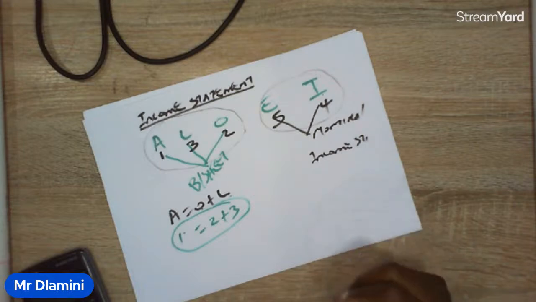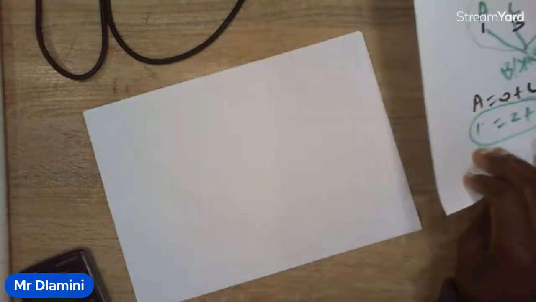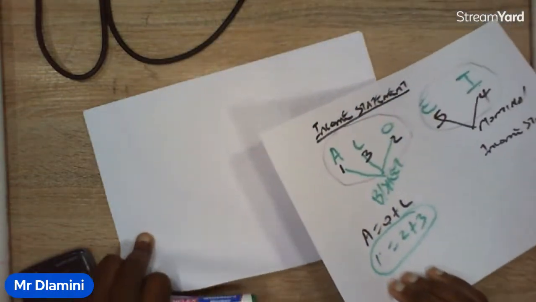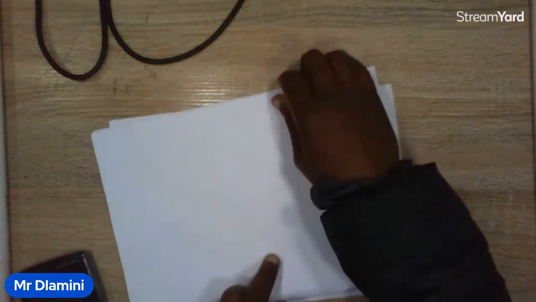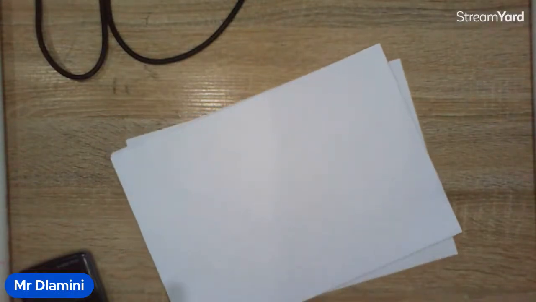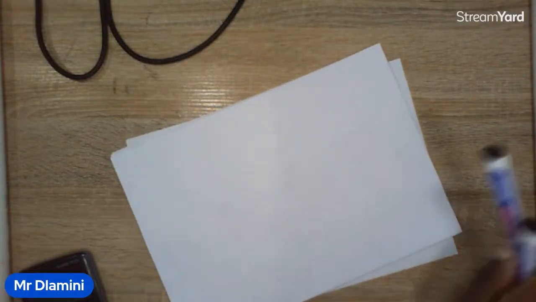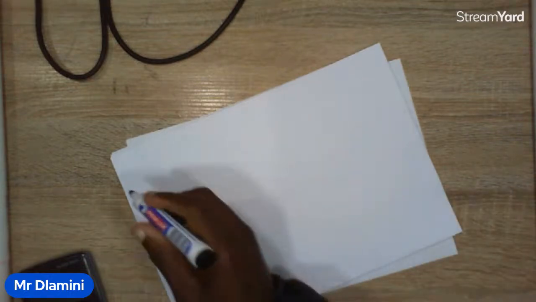So those are the only figures that must be in brackets. Then the other figures we have to add. Please, you must ensure that you put brackets where necessary, right? Okay, so you already know the format, grade 12, you know the format of the income statement, right?